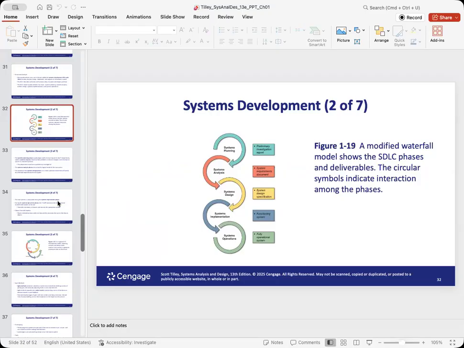So we have systems planning, that's a preliminary investigation into the system that you want to develop. And then we also have systems requirement, what is needed. So systems planning, systems analysis, systems design, systems implementation, and systems operations.